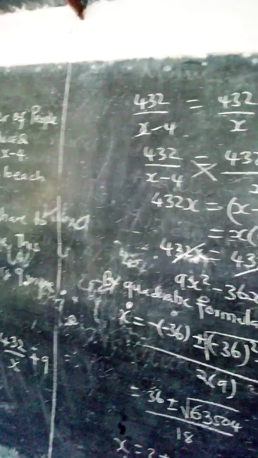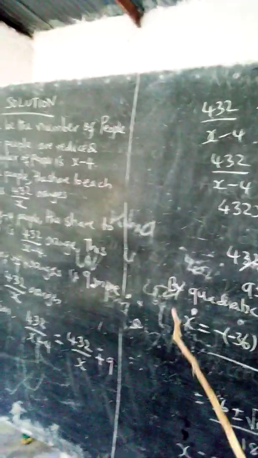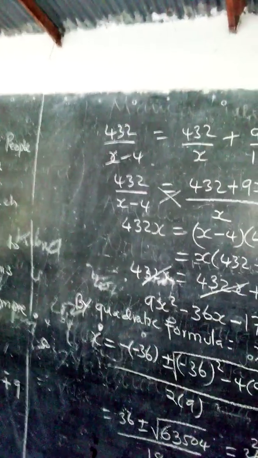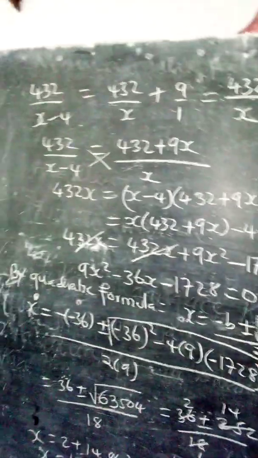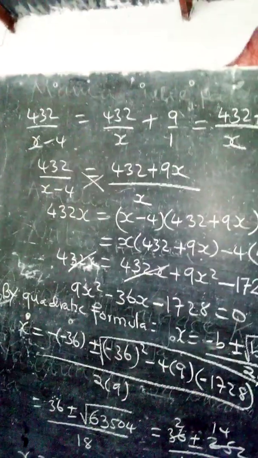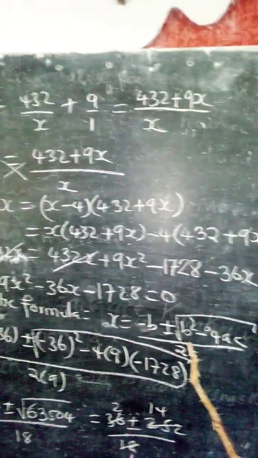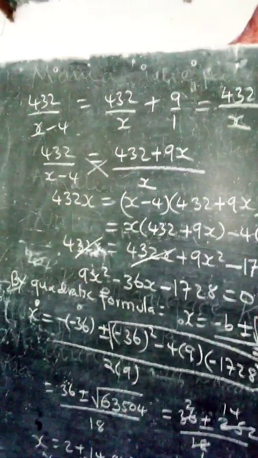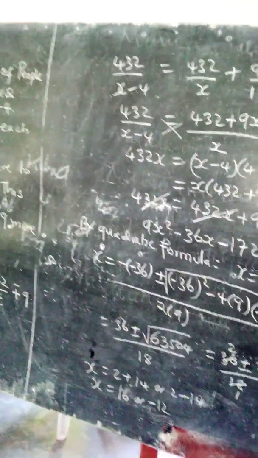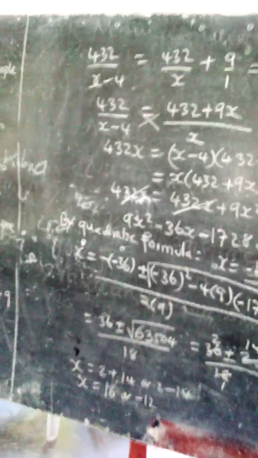By this equation, I have decided to use the quadratic formula, which is x equals minus b plus or minus the root of b squared minus 4ac, over 2a, whereby the value of a is 9, b is negative 36, and c is minus 1728.